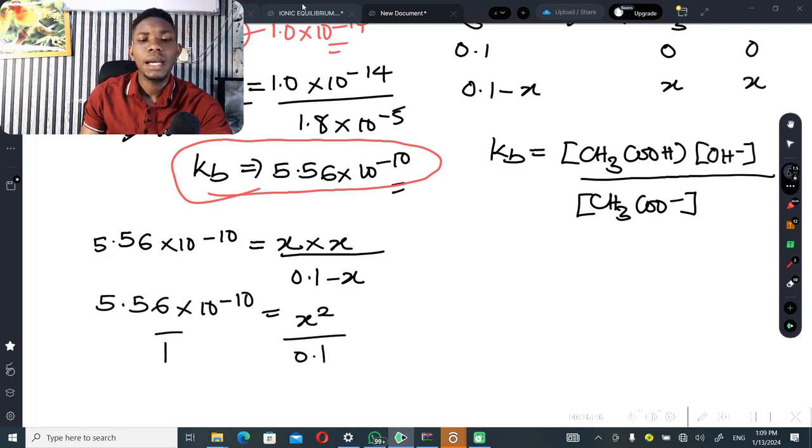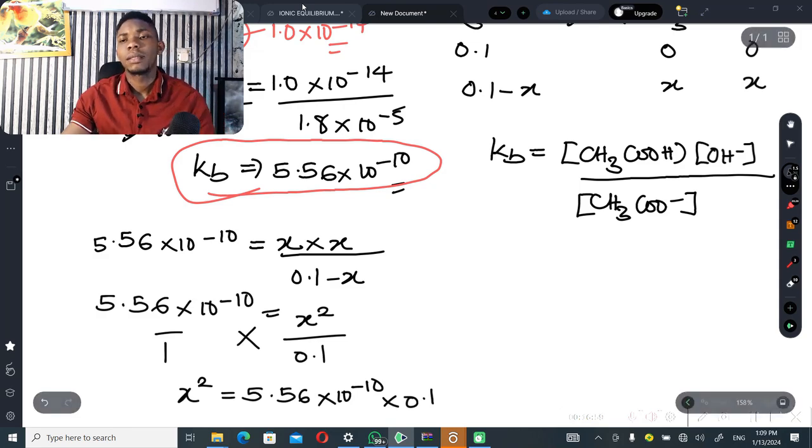At this point, cross multiply. X square is equal to 5.56 times 10 raised to the power of minus 10 times 0.1.